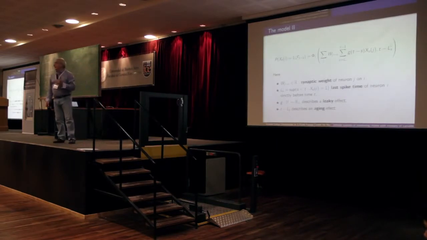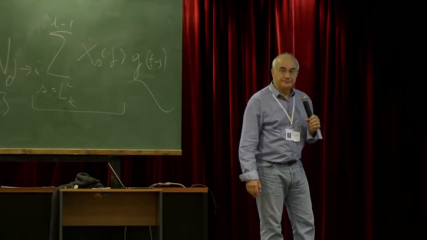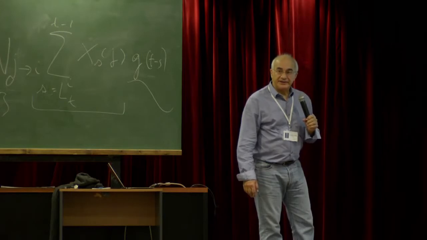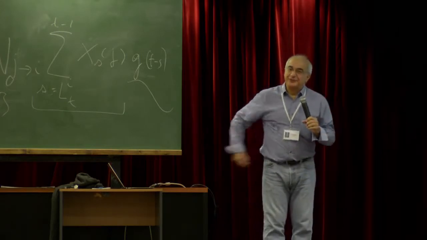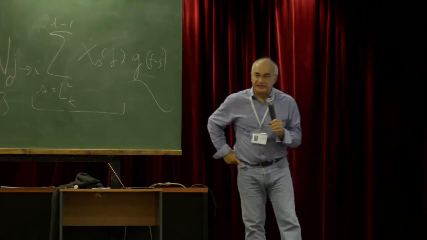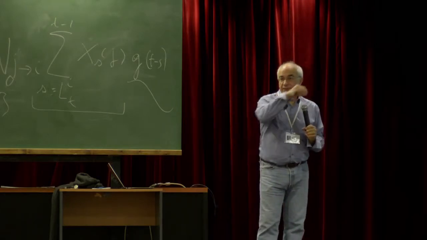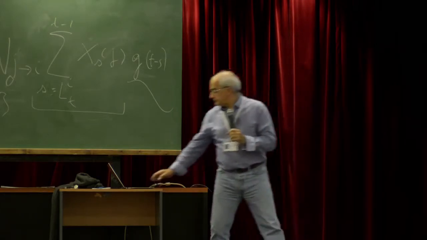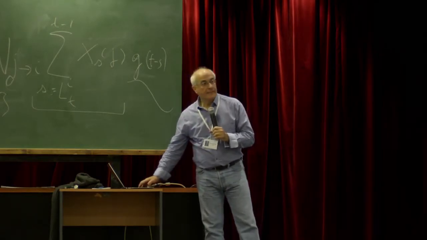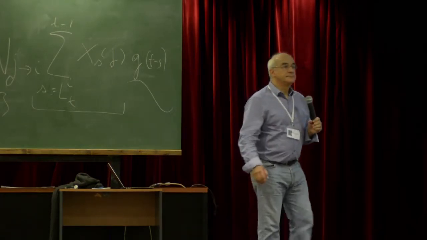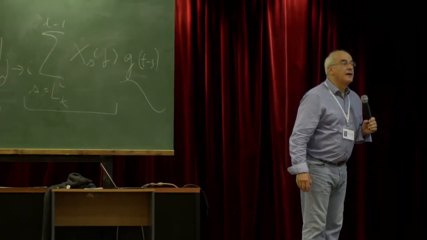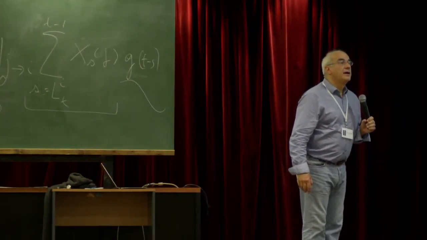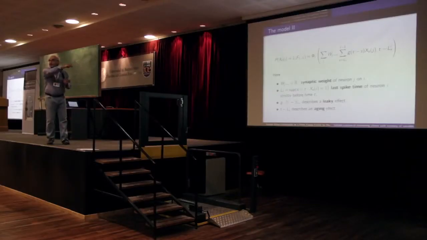And W_{j to i} is a real number, and fixed. It's fixed, unfortunately, but we will be obliged in the future to change it. Yes, it's fixed at the time scale you are looking at. While summing, you count how many spikes you received from j.